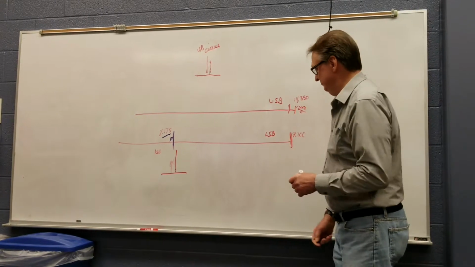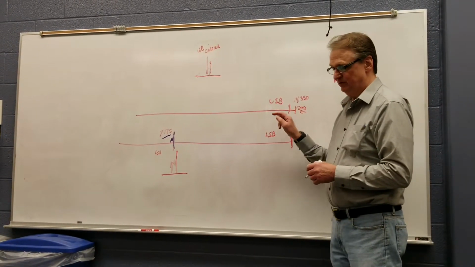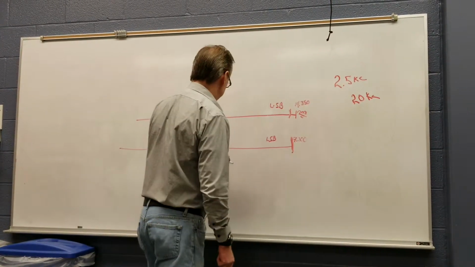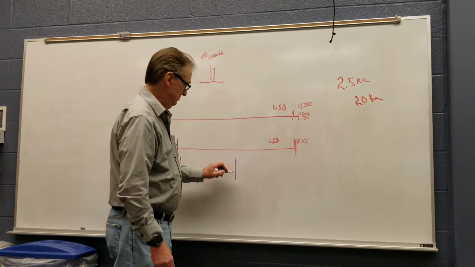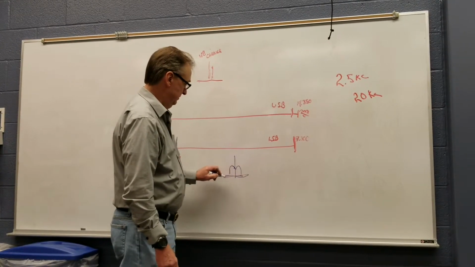But FM is a bit wider, and you won't see it so much on 40 and 20, but you will see AM. And now instead of being on only one side of the carrier, you're on two sides of the carrier with your intelligibility.